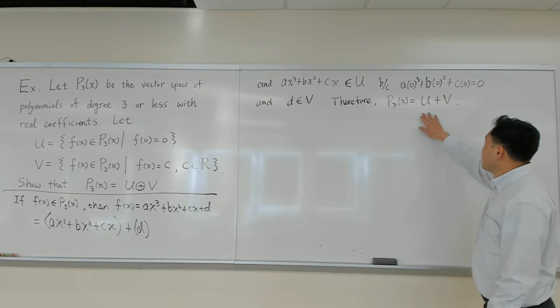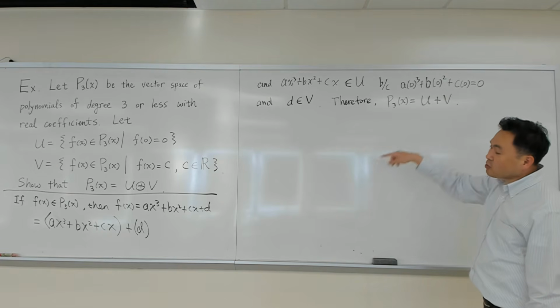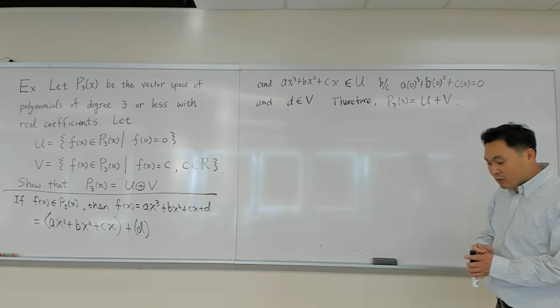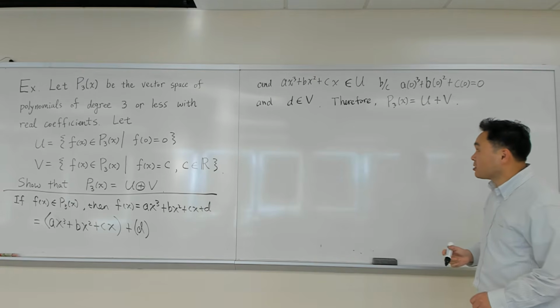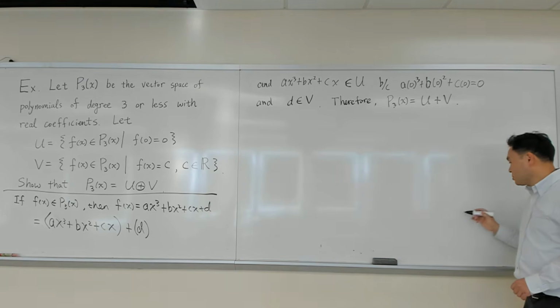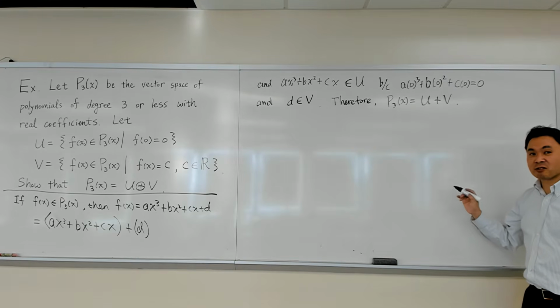Okay, so that part is done, but now you have to show that it's a direct sum. To show direct sum, we had this theorem. So let me just write here and erase, hopefully you remember.